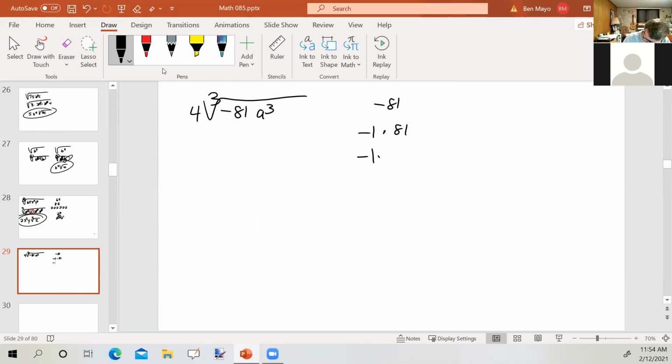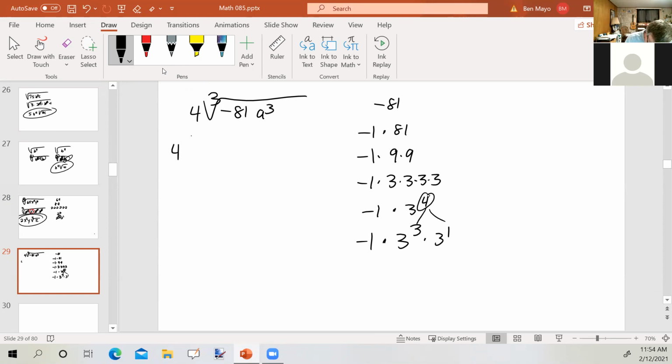Which is negative 1 times 9 times 9, which is negative 1 times 3 times 3 times 3 times 3, which is negative 1 times 3 to the 4th. But my index is a 3, so I'm going to write it as negative 1 times 3 cubed times 3 to the 1 power. I don't really need to put that 1 on the 3, but I'm just emphasizing where it came from, okay?